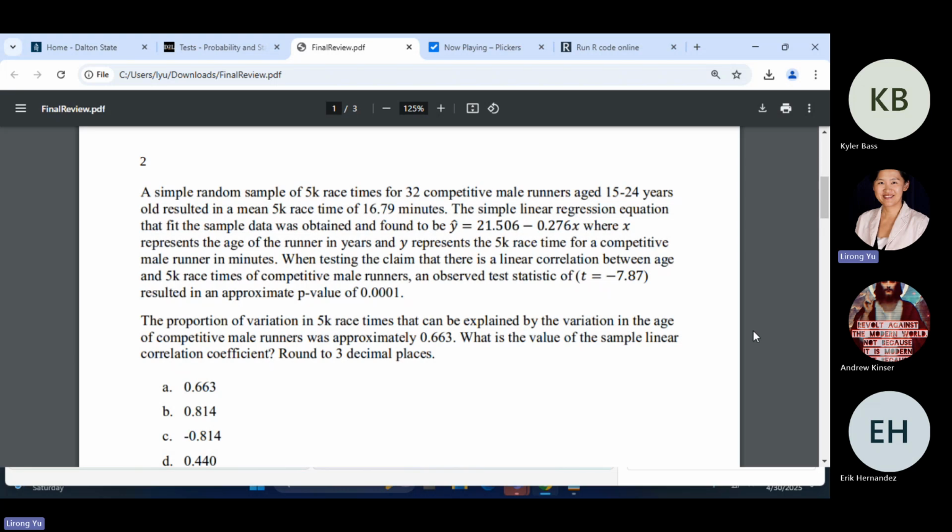Now here it even says we were given the test statistic and we were also given the p-value. So that p-value is really small, which is indicating a strong correlation already. The proportion of variation in times that can be explained by the variation in age is already given.